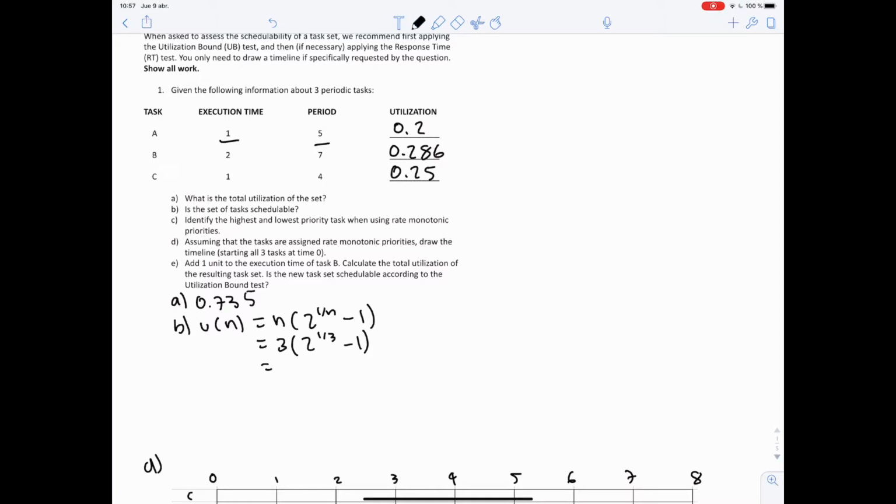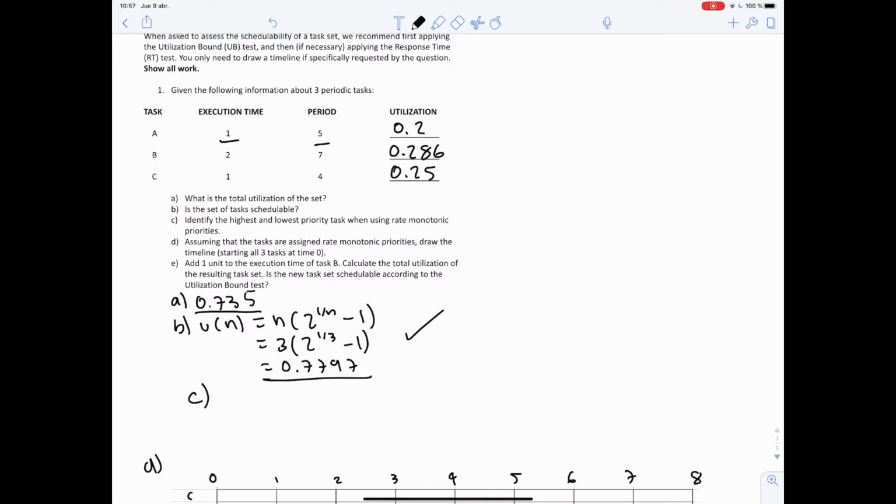Which gives us 0.7797. And we know that it is schedulable because this number is greater than 0.735, which means that it is schedulable.